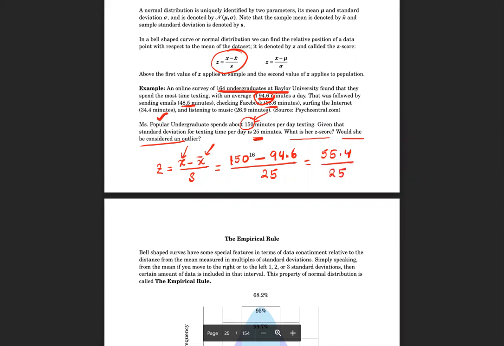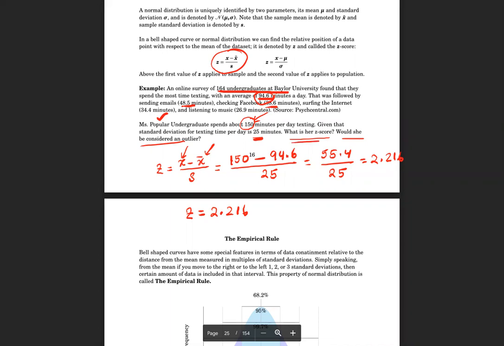So let me do the math for you. 150 minus 94.6 is 55.4, divided by 25, which gives me 2.216. So your z-score for this is 2.216. This is just one example.